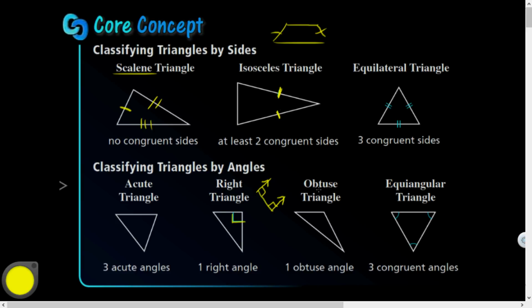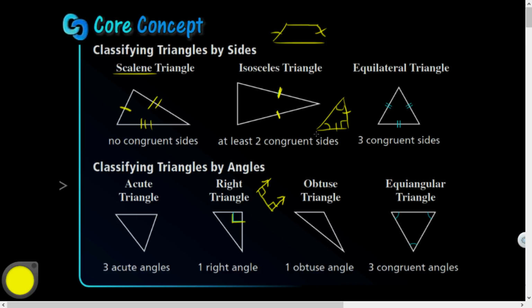Is it possible to have an obtuse isosceles triangle? Yeah, I could have one, where the obtuse angle would have to be between the two congruent sides. You could have a right isosceles triangle. That's actually going to be a 45, 45, 90 triangle that we'll talk about later.